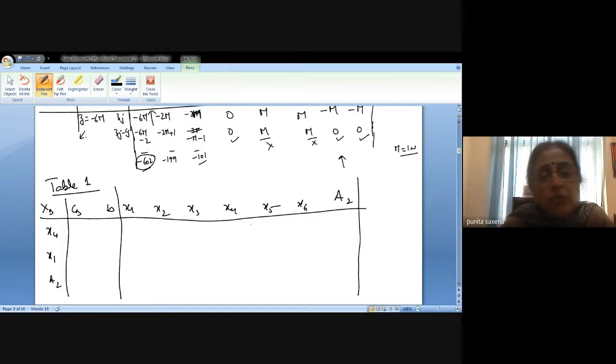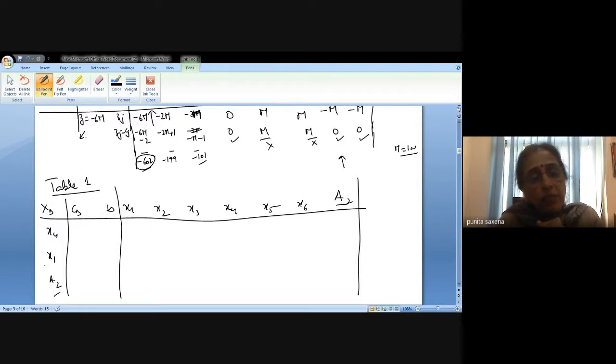So gradually these artificial variables will be removed from the table itself. So this is the advantage of the Big M method, that they will not create problems for us later on also. Once their job is over, we can remove them, we can work without them also. So no need to make that.